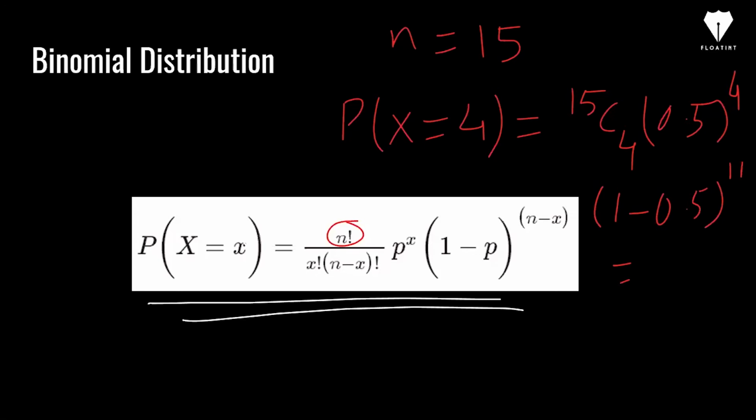You can calculate this. Why is this coming? Because this is nothing but choosing which coin tosses are resulting in a head. Out of 15, I'm choosing 4 such cases. That's why 15C4. If you remember from the last class, this is the choosing of 4 successes out of 15. Similarly, you can calculate the expected value and variance of these.